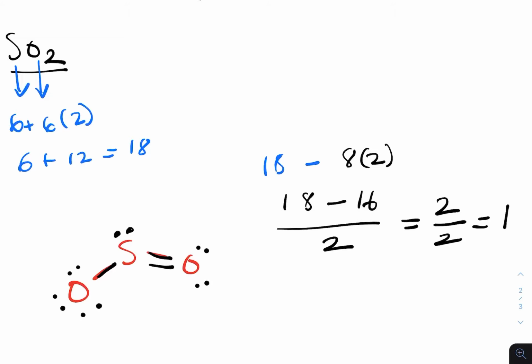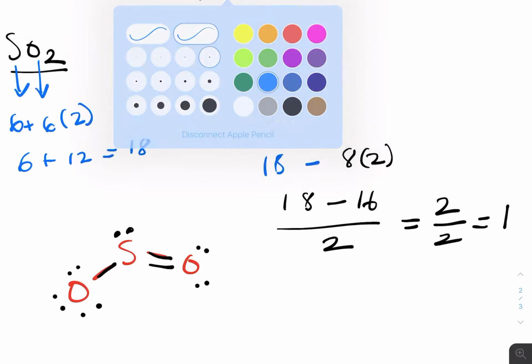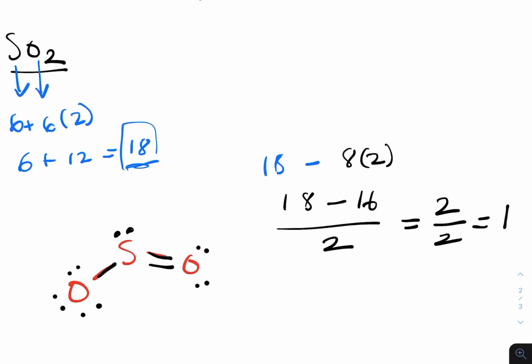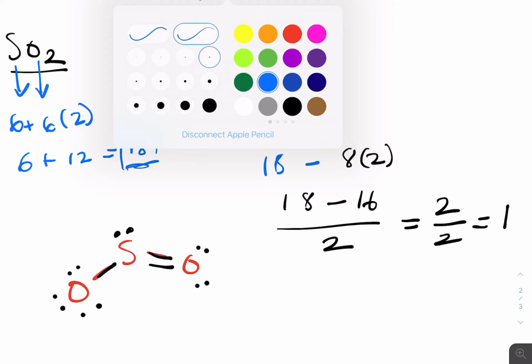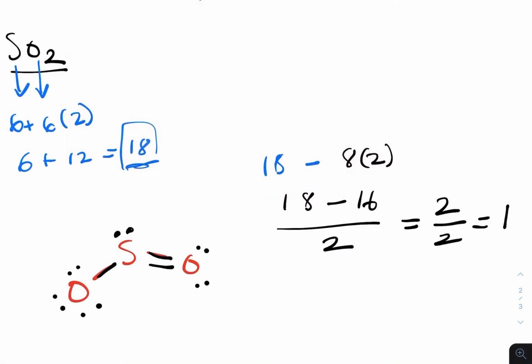Then we can double check that we have 18 in total in this structure. 2, 4, 6, 8, 10, 12, 14, 16, 18. So we're good.